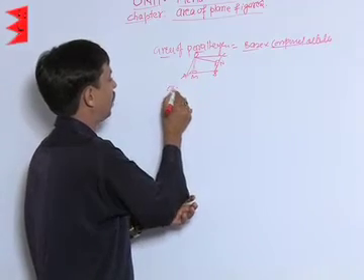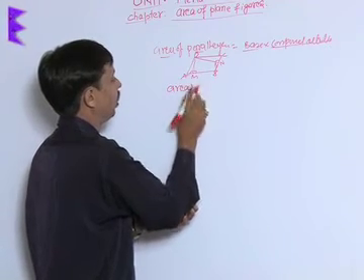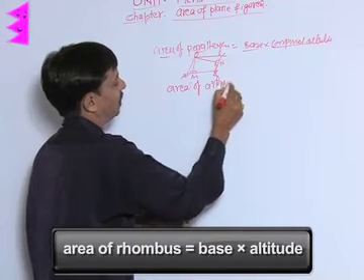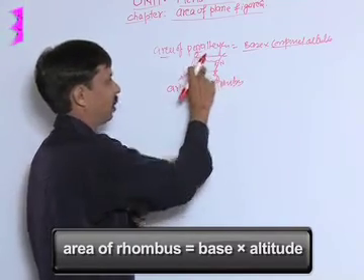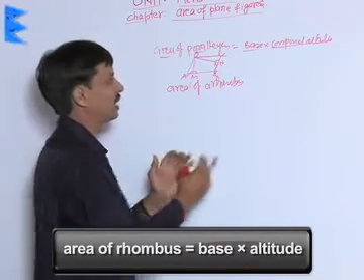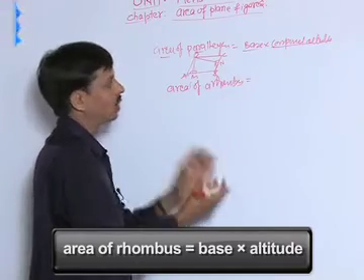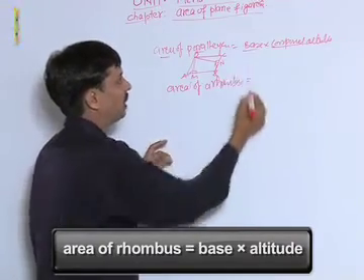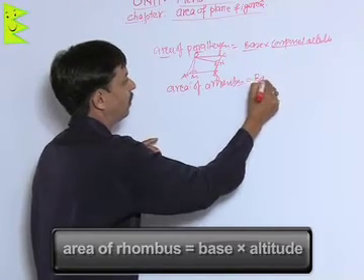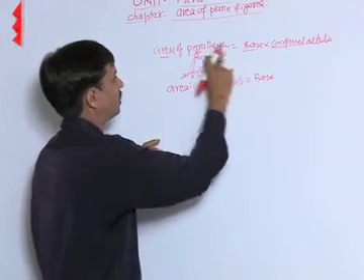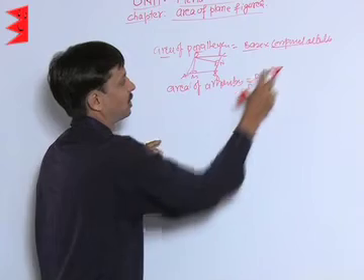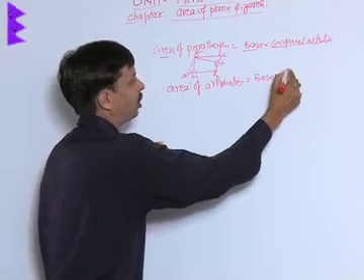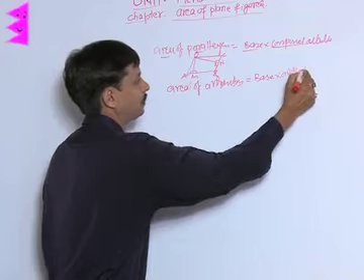Now, how do we find the area of a rhombus? A rhombus is a parallelogram whose all sides are equal. If all sides are equal, then all altitudes are also equal. So what difference will be in these two formulas? The area of a parallelogram is base into corresponding altitude, and the area of a rhombus is base into altitude or height.